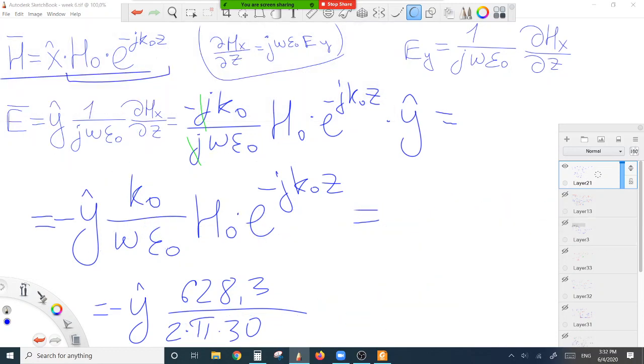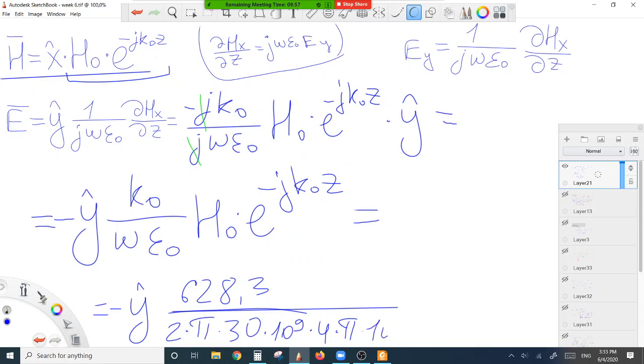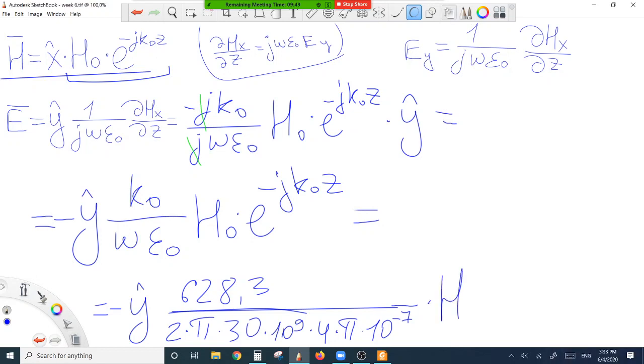Yes, 30 times 10 to the 9, multiplied by epsilon 0, which is 4 pi 10 to the minus 7. For now I will not write the numeric value of H0, just H0 multiplied by e to the power of minus j k0 z.